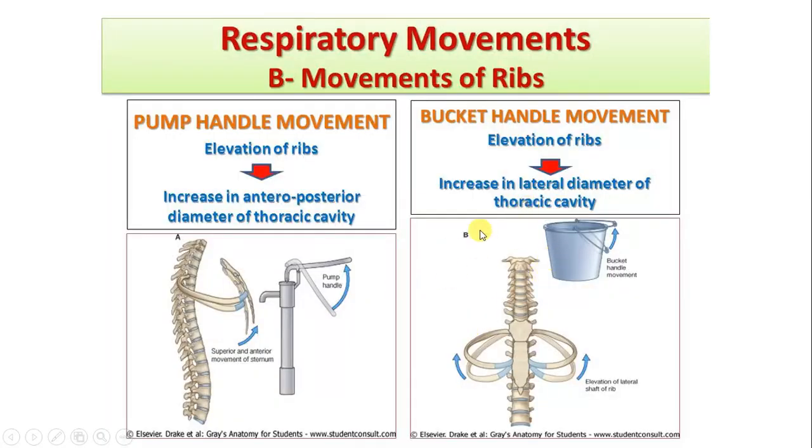So, pump handle movement: elevation of the ribs increases the anteroposterior diameter of the thoracic cavity. Here is shown bucket handle movement: elevation of the ribs increases the lateral diameter of the thoracic cavity, meaning the transverse diameter.